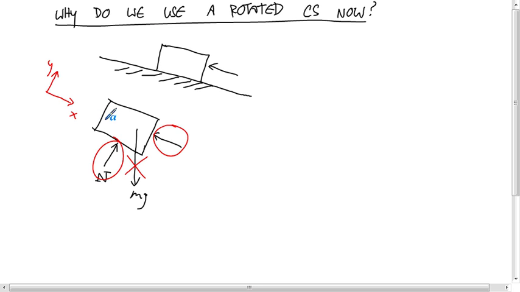And then there's one other thing that's simpler in the rotated coordinate system than it would have been in the standard coordinate system. It doesn't show up in the free body diagram. The acceleration. Acceleration is simpler.